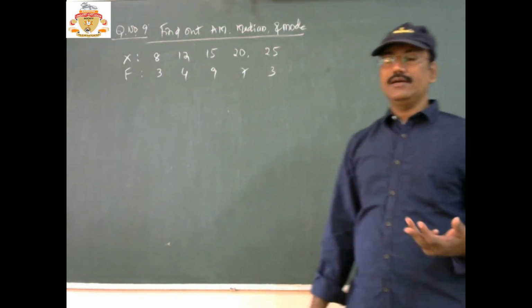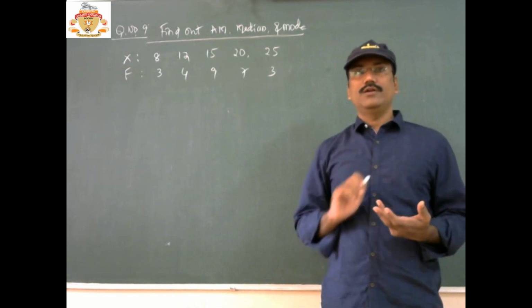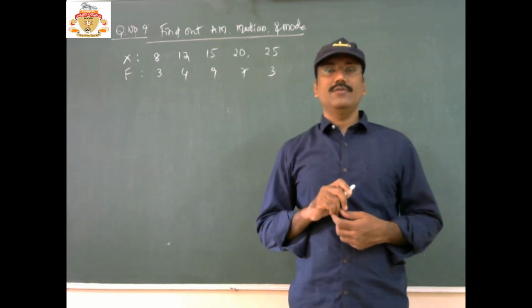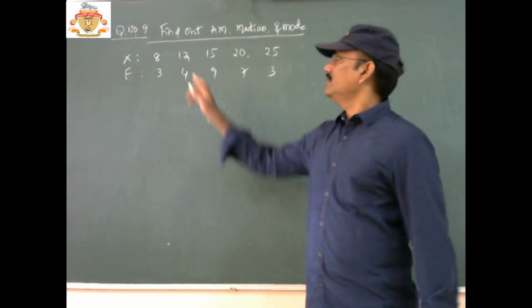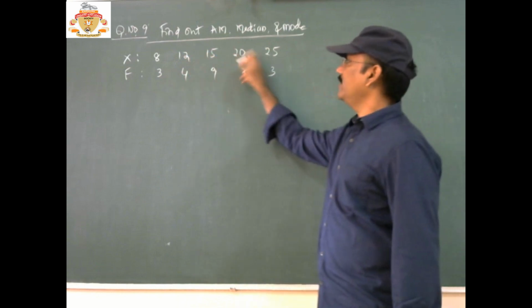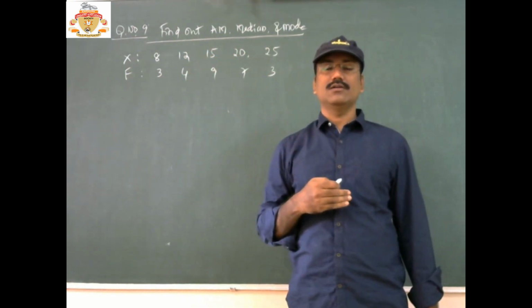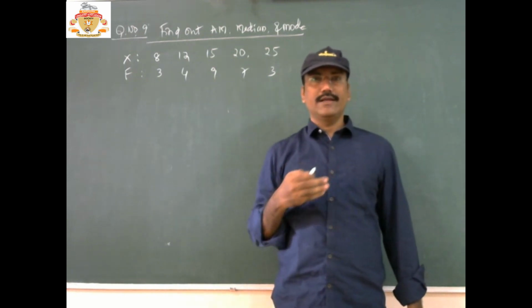Now, as I said, in case of computation of the median, what we need to do? We need to first verify whether the variables are in ascending or descending order. Now you see here 8, 12, 15, 20, 25 is in increasing order. So if it is in increasing order, there is no need to arrange the variables.